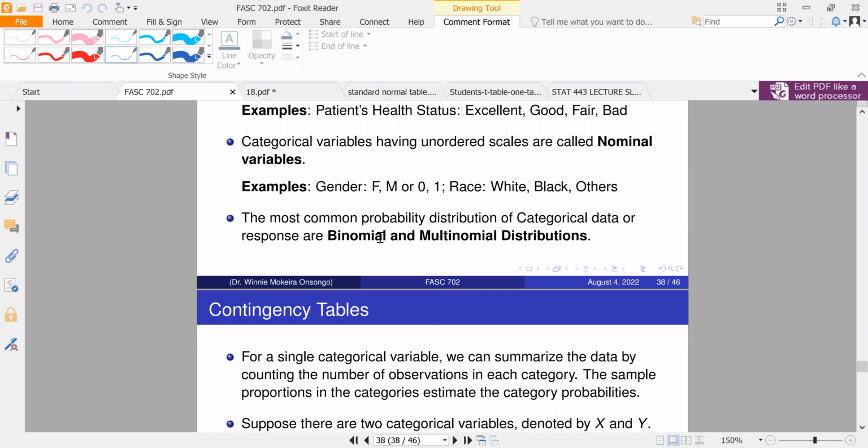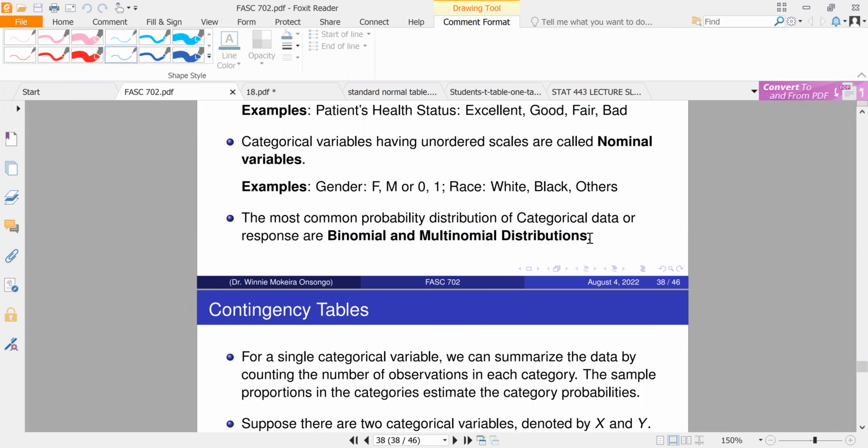So if you pick a unit, it's either a successful pick or a fail. Even in manufacturing, either an item is good or defective. So if there is that scenario playing in your study, then you can say that your variable of interest has binomial or multinomial distributions.